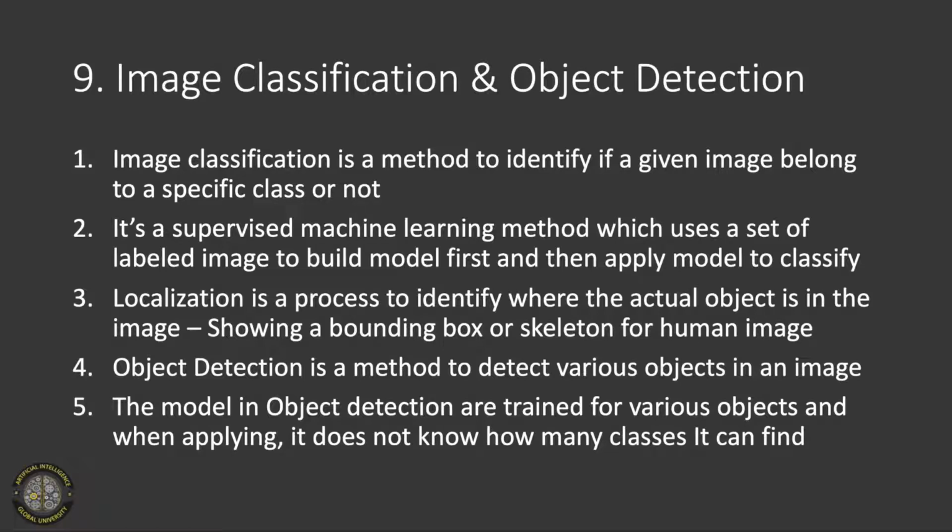And localization is also related to classification, where you understand where in the overall image that object resides. It can be shown through a bounding box. So you can localize the area and say that this image not only has the class but the object is also available at that location.